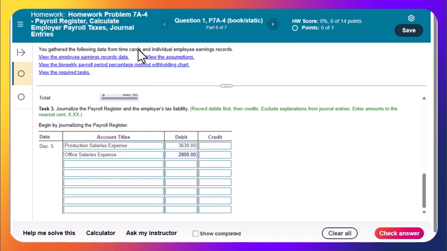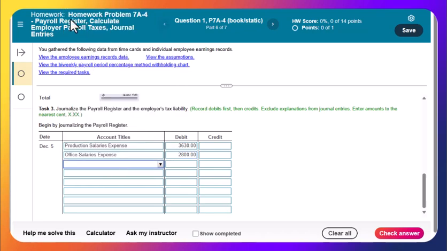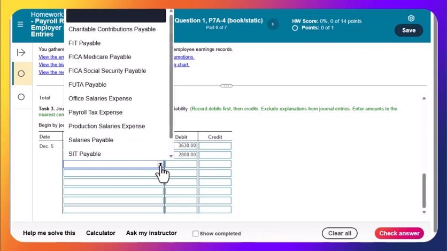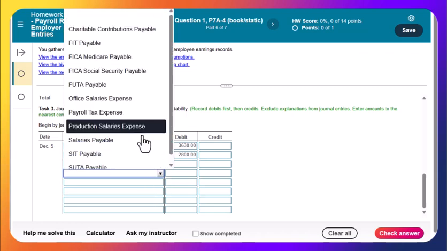And then we're going to go ahead and have our credits here. So we have federal income tax payable. State income tax payable.